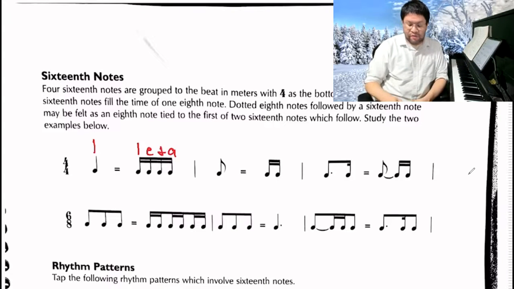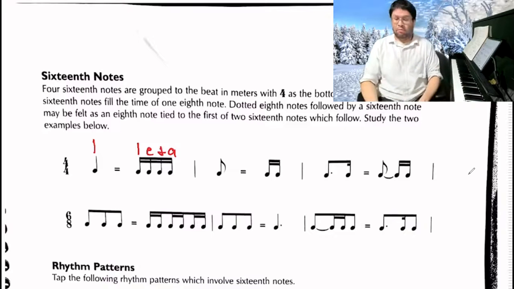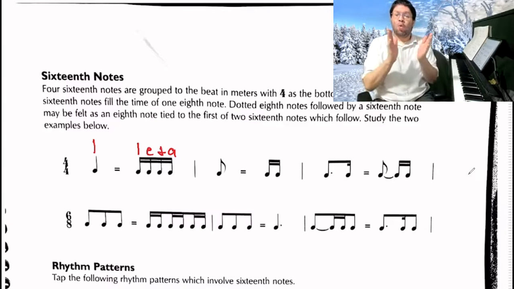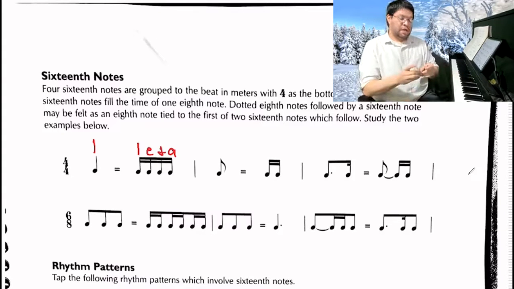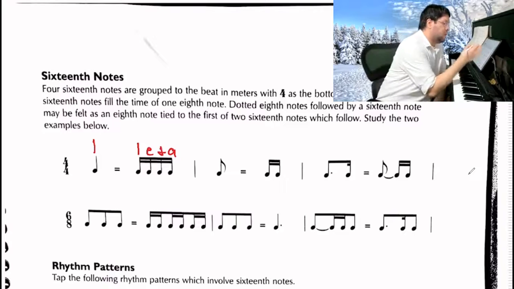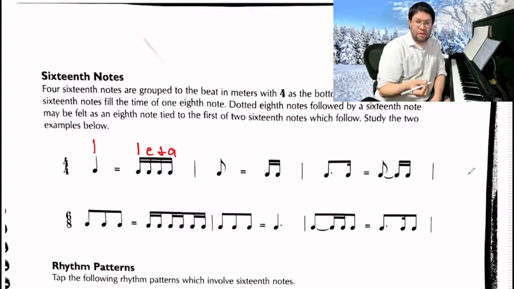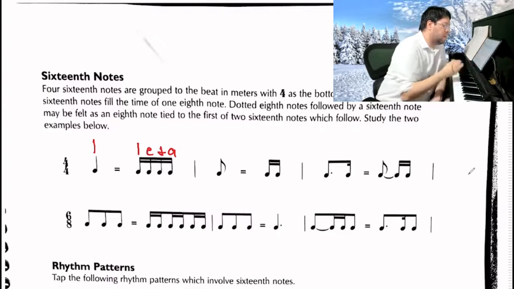When we clap that rhythm, we're going to clap it like this: 1 E and, 1 E and, just like that. Let's take a look at the next one. This is just half of a beat, this 8th note. So let's say this was just beat number 1. We'd have 1, and somewhere here in space, we'd have the and.